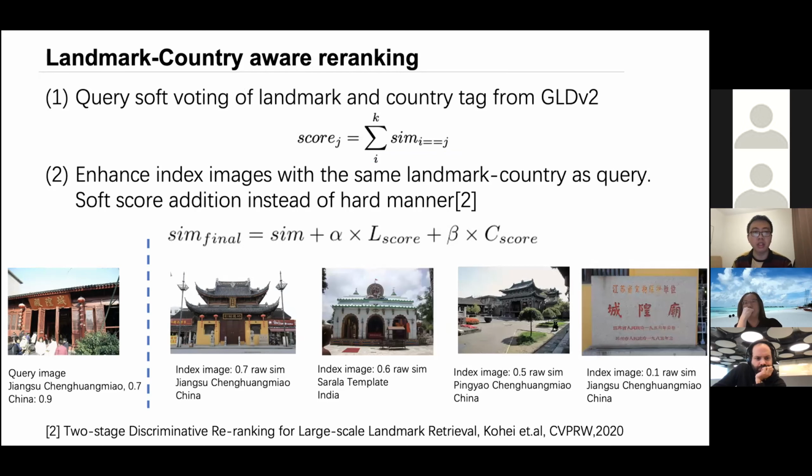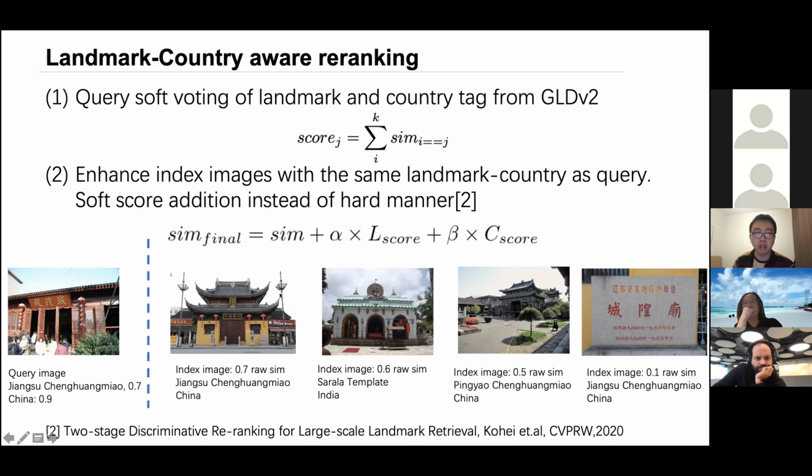We enhance index images with the same landmark and the same country as the query. For example, the query image is Jiangsu Chenghuang Miao, and we have the original rank list here.